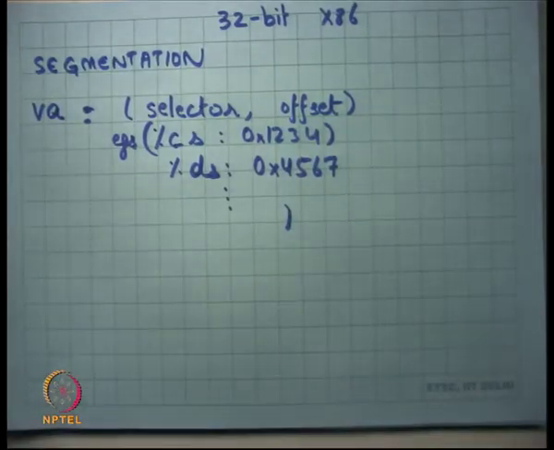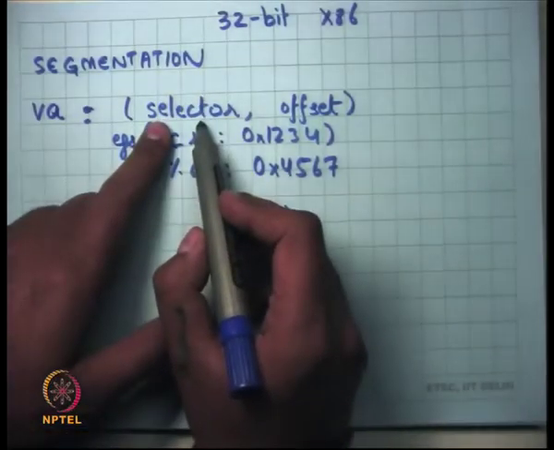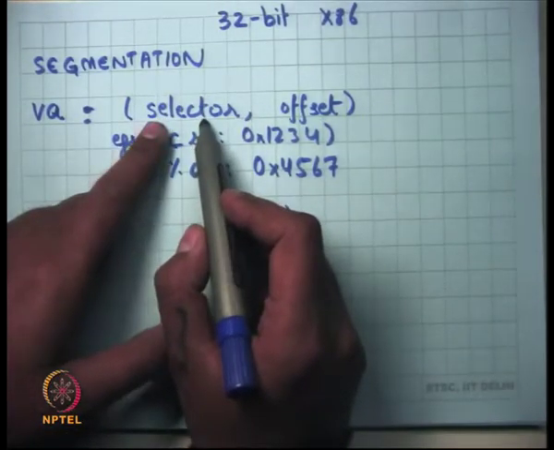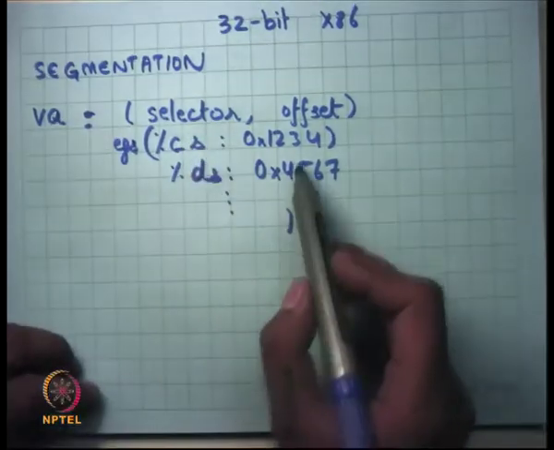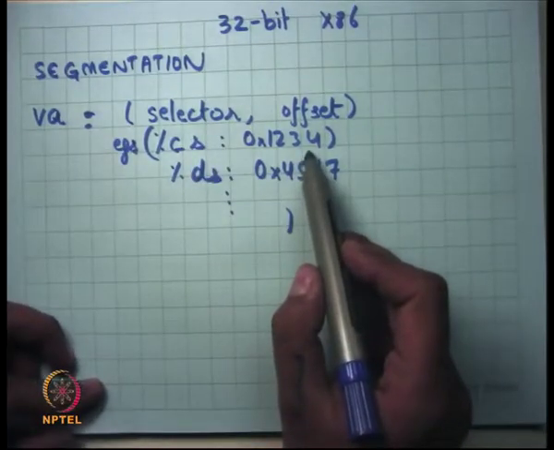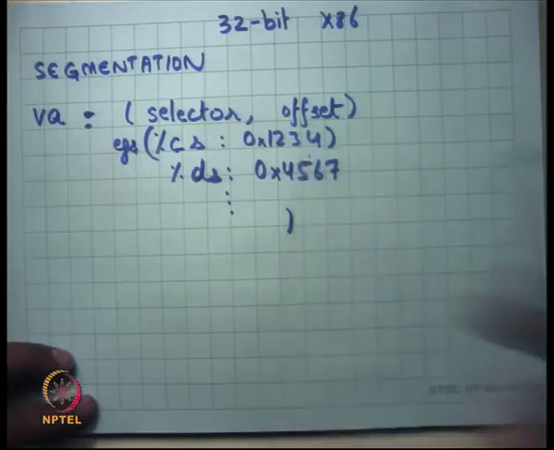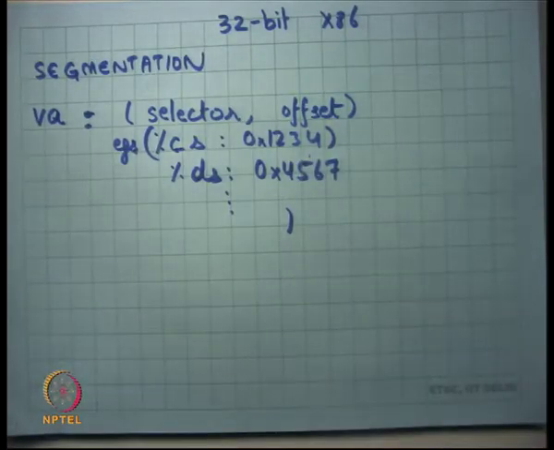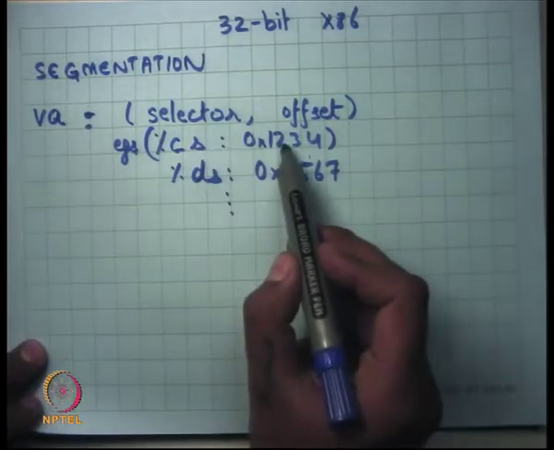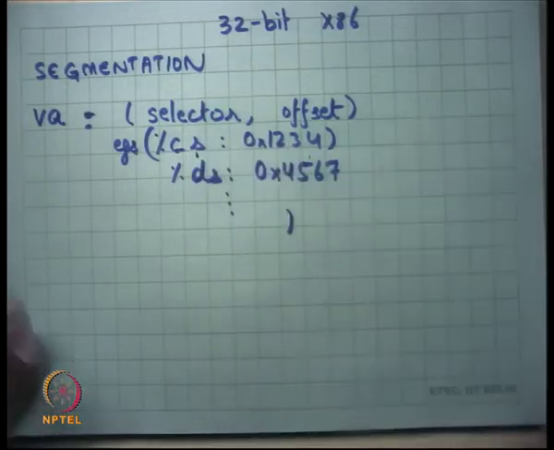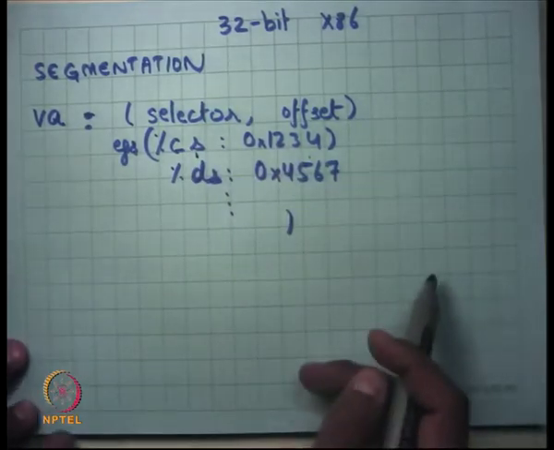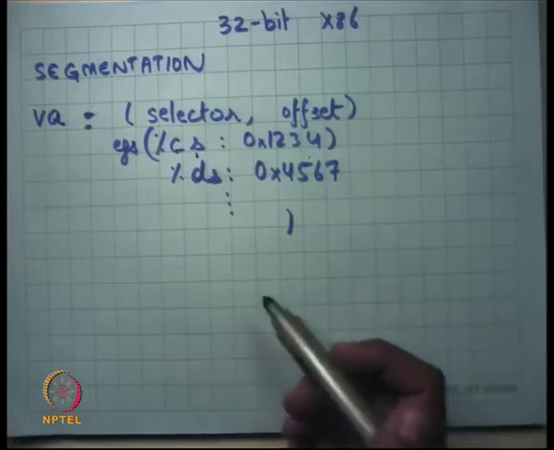It's specified using what's called a segment selector, or the name of a segment register like CS, DS, etc., and an offset, which is a 32-bit offset now in the 32-bit world. And once again, in the 16-bit world, it was very simple. I just used to multiply this by 16 and add to it, but now we are going to do something more complicated because we want to provide protection.